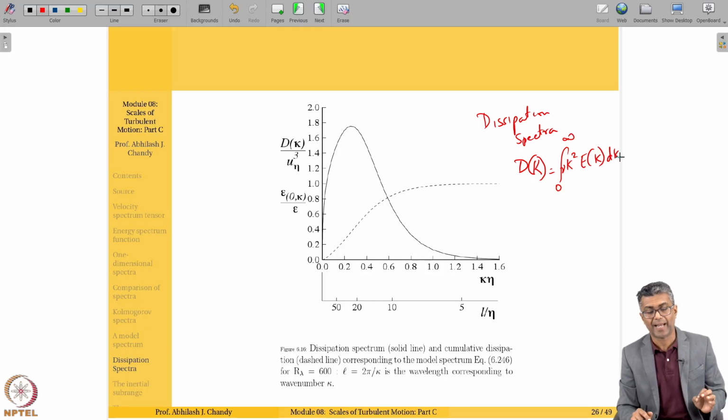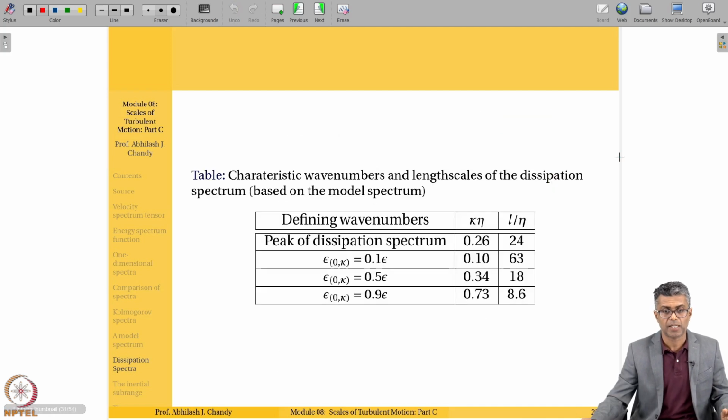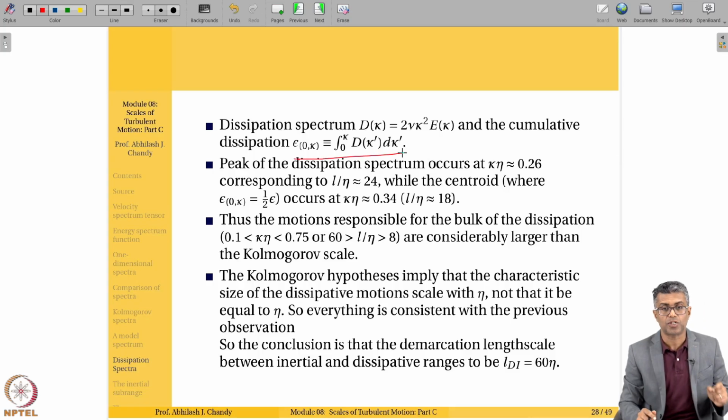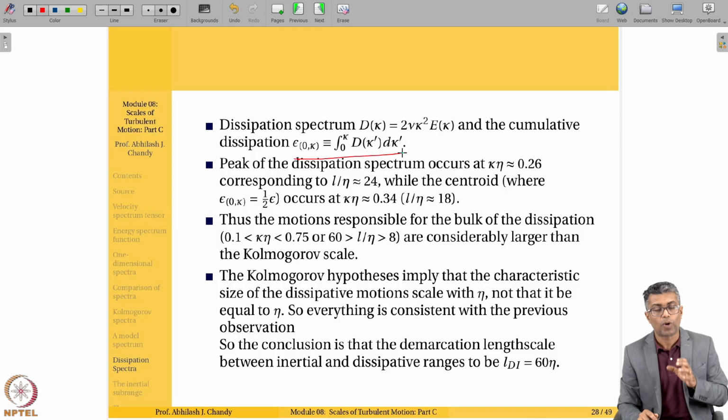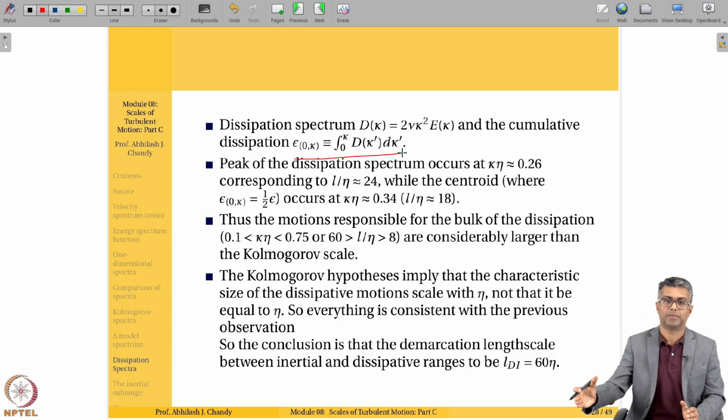Also shown here is a dashed line, which is the cumulative dissipation. The cumulative dissipation is defined as epsilon of kappa equals the integral from 0 to kappa of D of kappa prime d kappa prime. So what does that mean? You are basically calculating the dissipation up until each wave number.